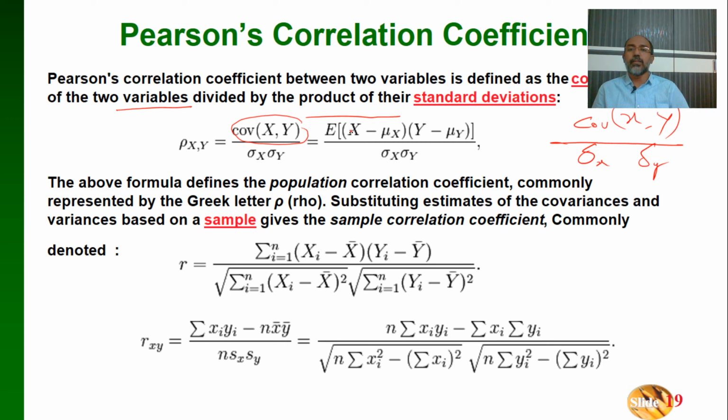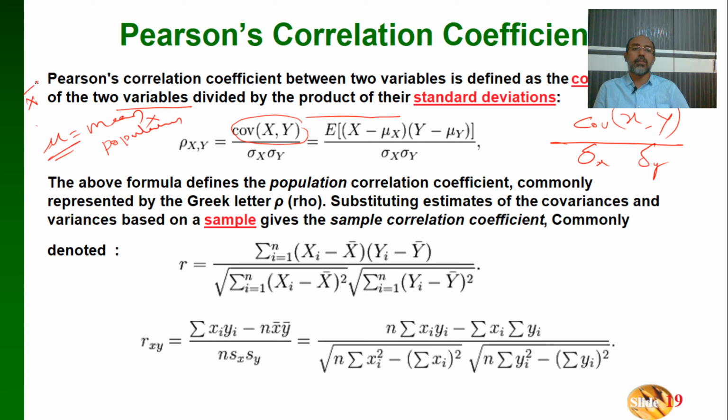It is also written in this way: x minus mu of x. What is mu? Mu means mean of x, but it is the population mean. Why do we call it mu instead of x bar?